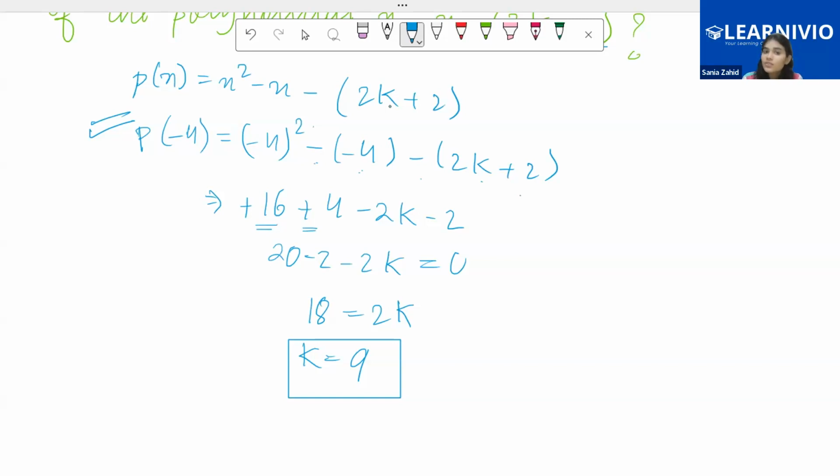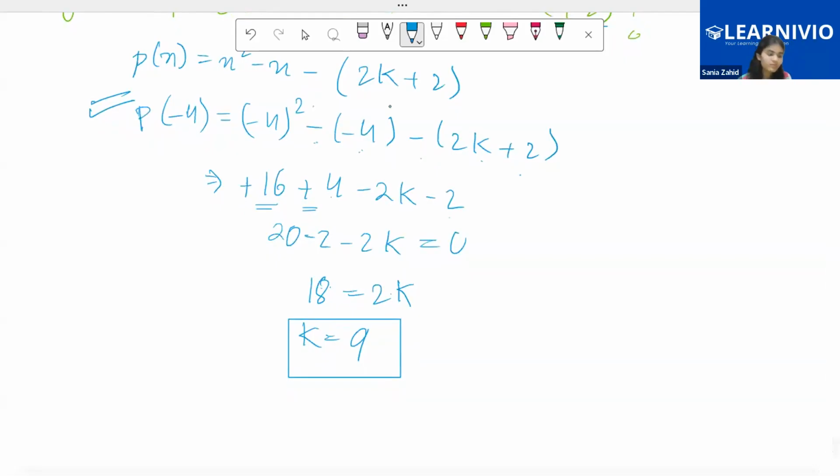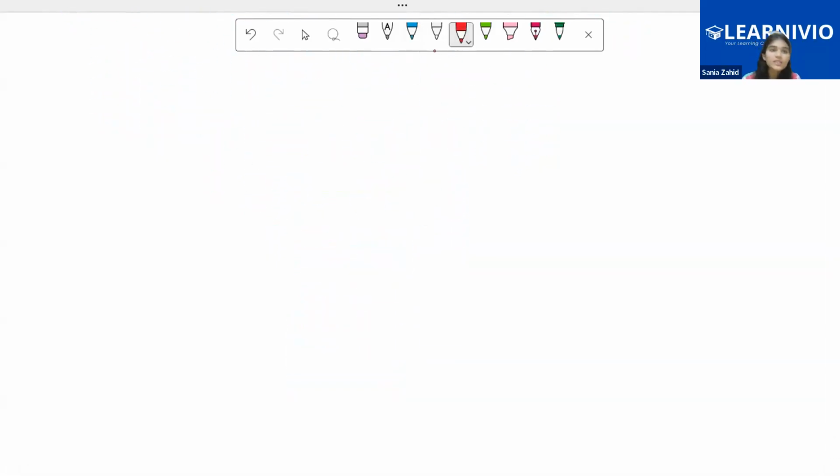Right? So 16 plus 4 is 20. 20 minus 2 is 18. 18 is equal to 2k, so k is 9. Right? So this is how you're going to do it. I mistakenly put -1 instead of +4. No problem. That is why we are doing these practice questions now. Now you know the concept, just practice is required.